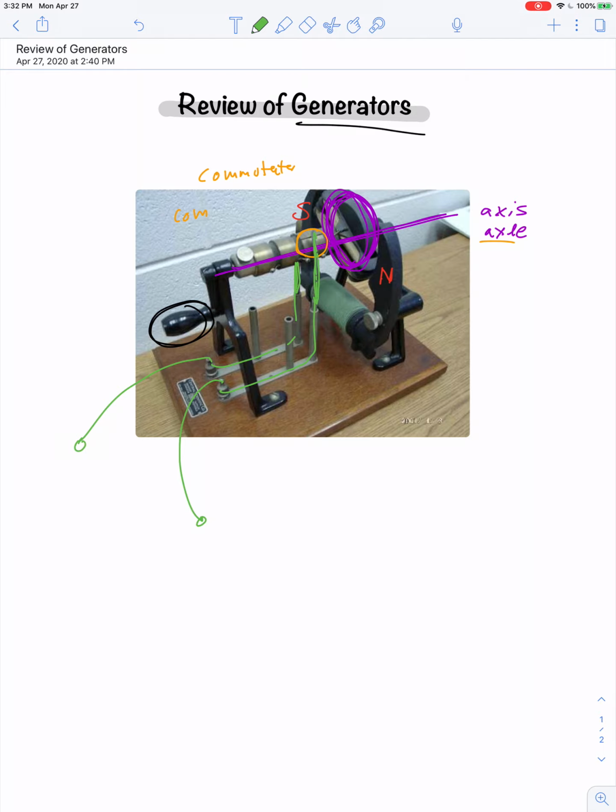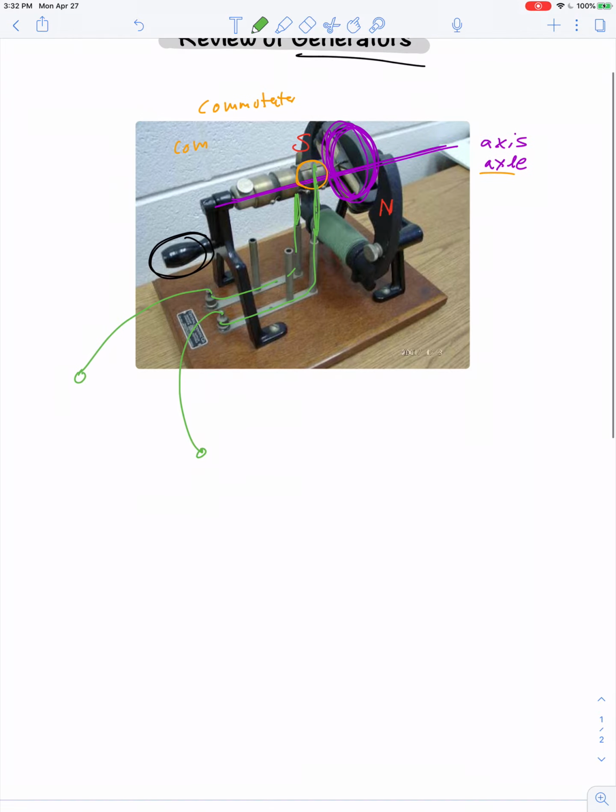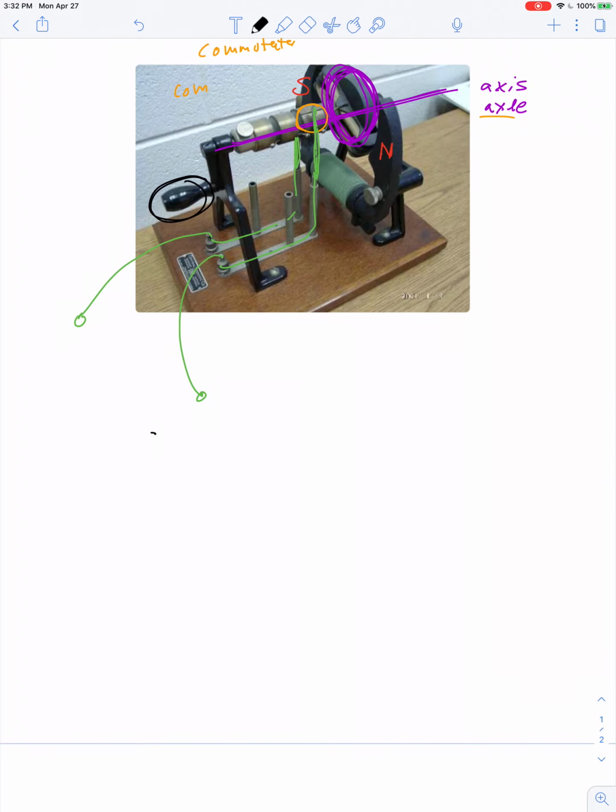So how does it work? What governs the amount of voltage? Well, it all operates based off of Faraday's law, right? There's an induced EMF as the coil spins that's equal to negative N times the rate of change of flux.